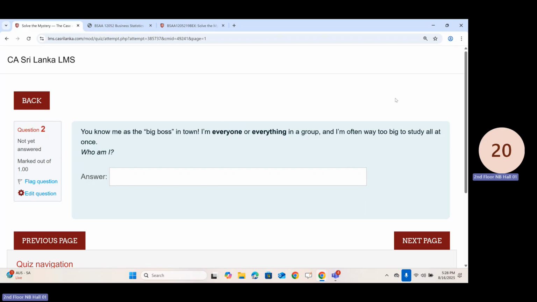I'm everyone or everything in a group, and I'm often way too big to study all at once. Who am I? Only one space is there. You can type any word in here.